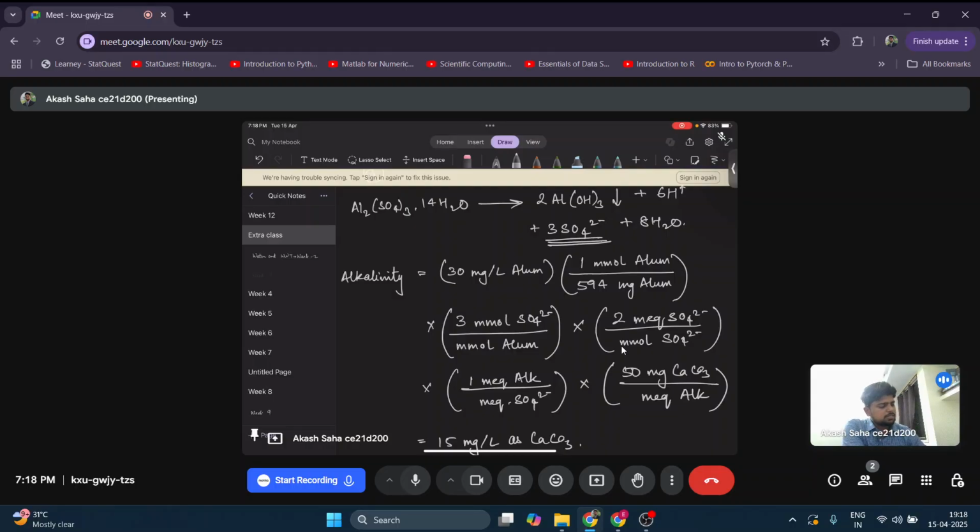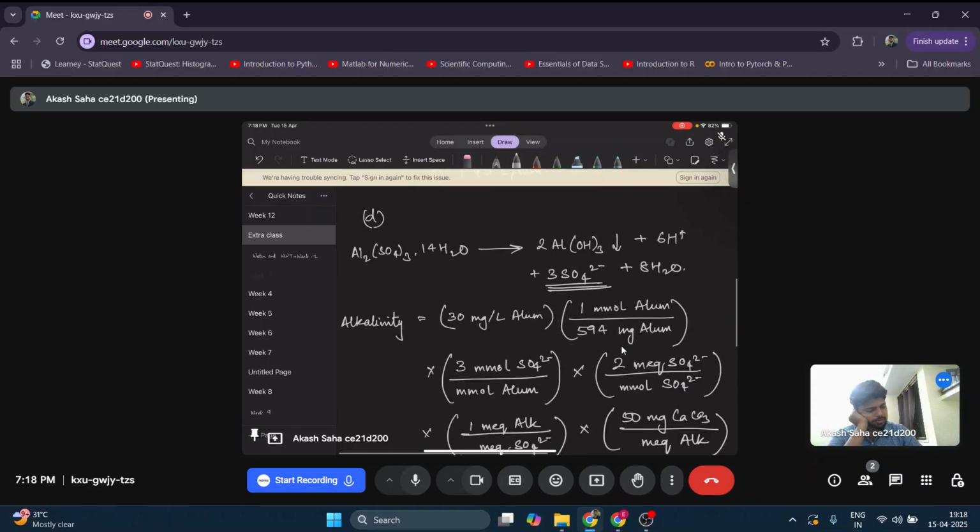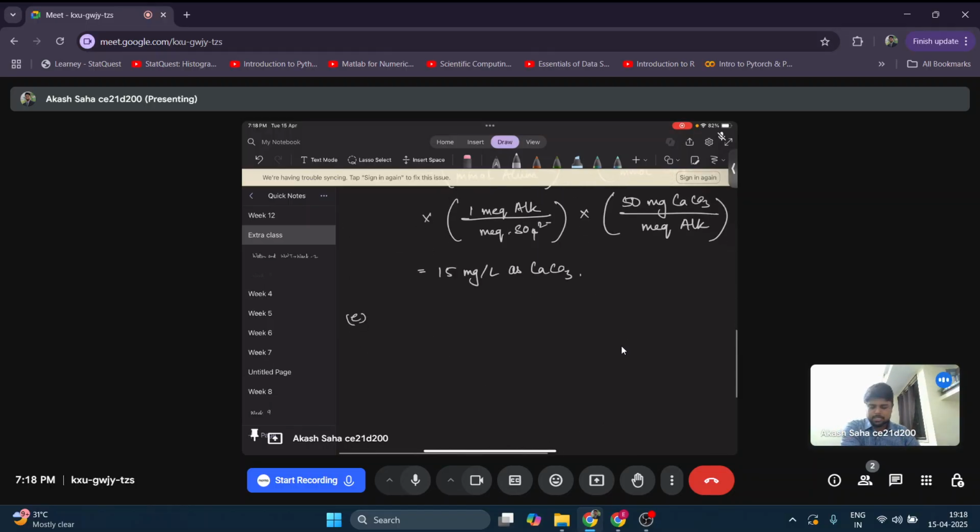So the next part is asking how much precipitate will be formed. So per mole of one alum, we are getting 2 moles of precipitate. Okay, 2 moles of precipitate, that is AlOH thrice.